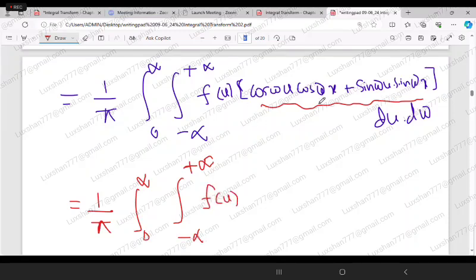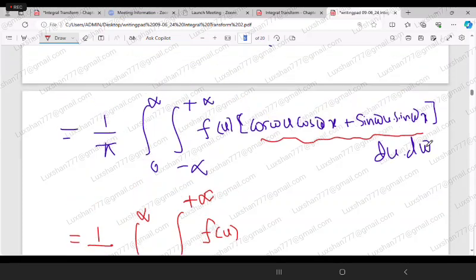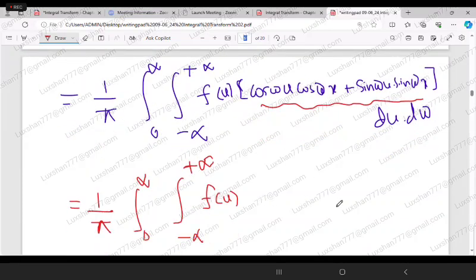Can anybody tell me what this is? Cos omega u cos omega x, using the trigonometric formula. Can you tell me what this is? Cos omega u cos omega x plus sin omega u sin omega x. Finally I can write this into du d omega.